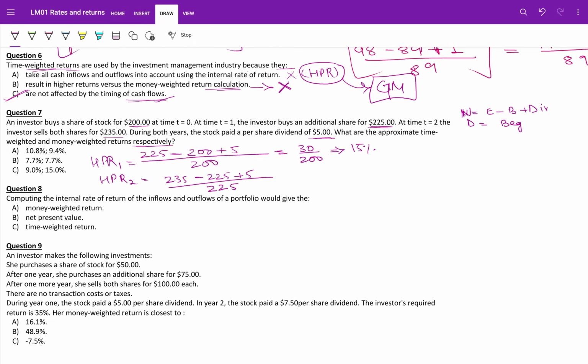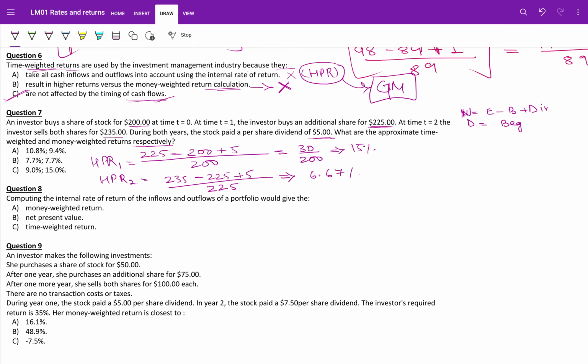Let me just calculate it. This is going to give me a rough value of 6.67%.